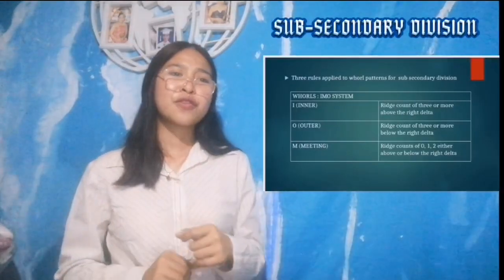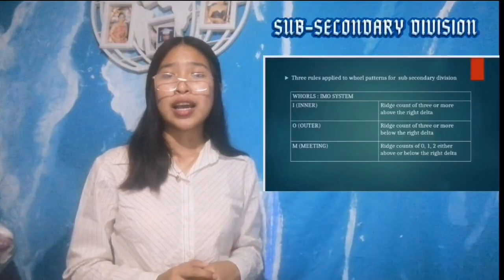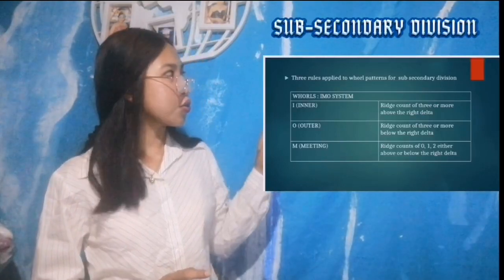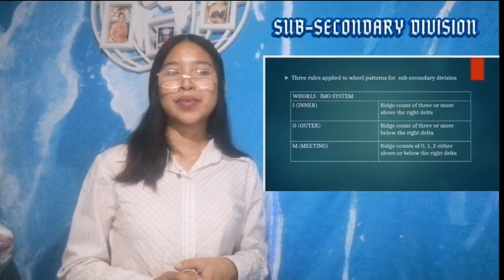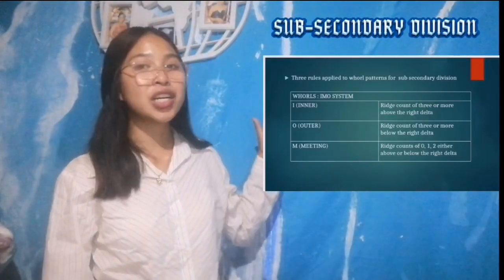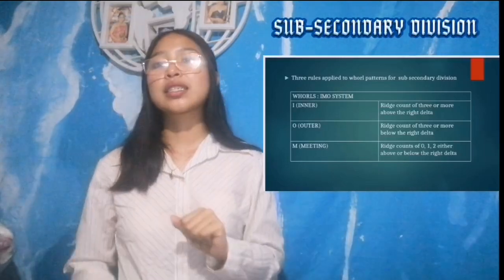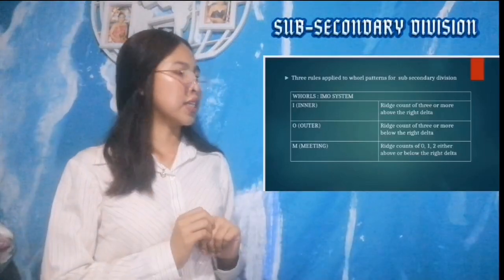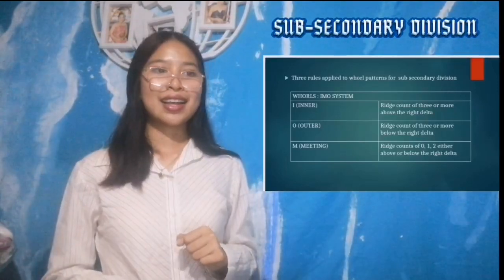Also, we have rules applied to whorl patterns that we are going to use, the IMO system. The IMO system is inner, meeting, and outer. Inner has 3 or more intervening ridges inside or in front of the right delta.